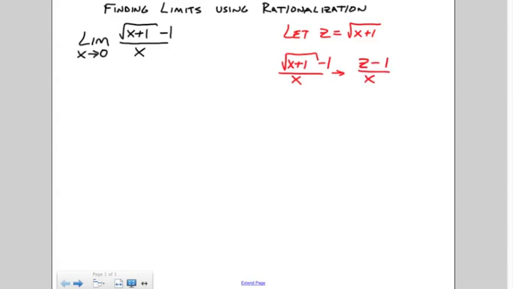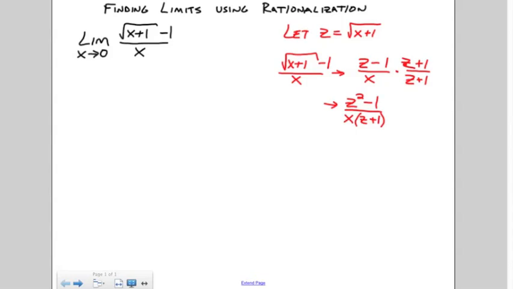Well, that may not look like it's helping the situation, because now we've got two variables, but if I take z plus 1 over z plus 1, which doesn't change anything, just multiplying by 1, that will give me z squared minus 1 over x times z plus 1.